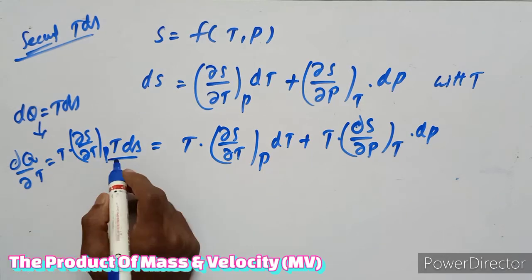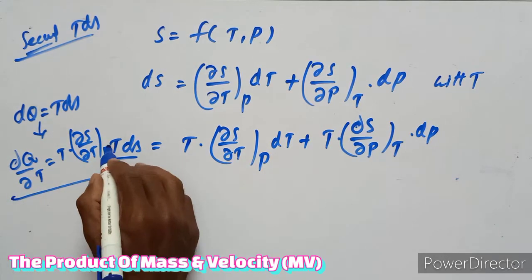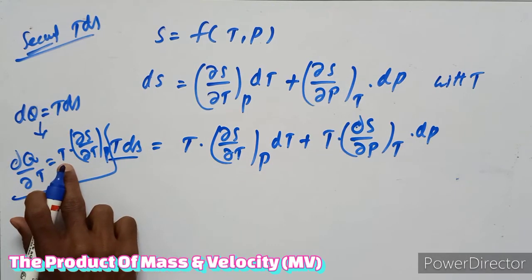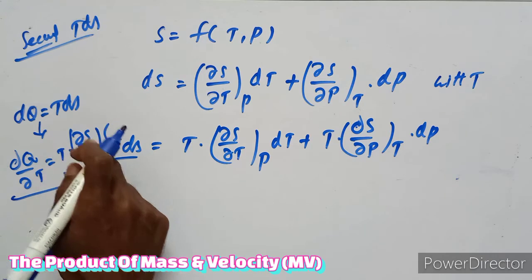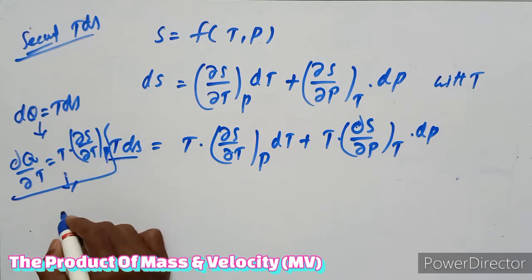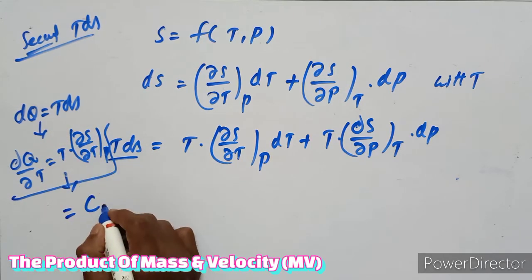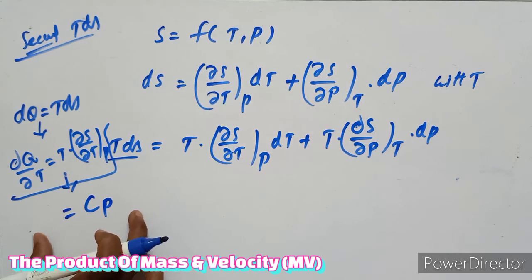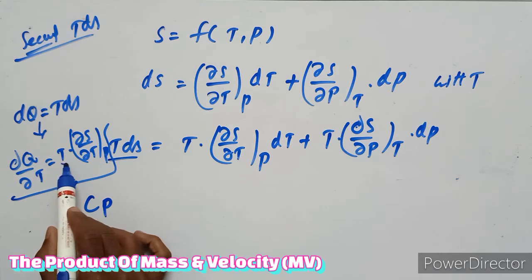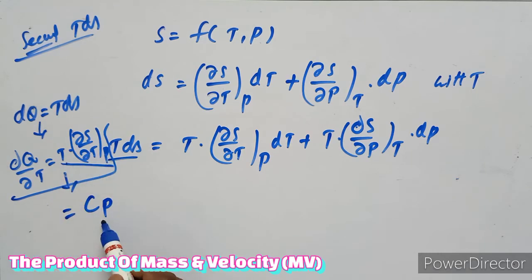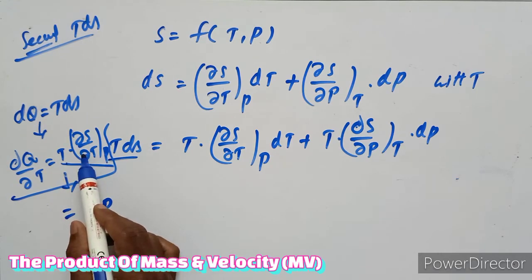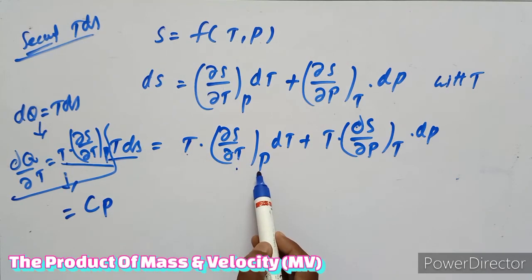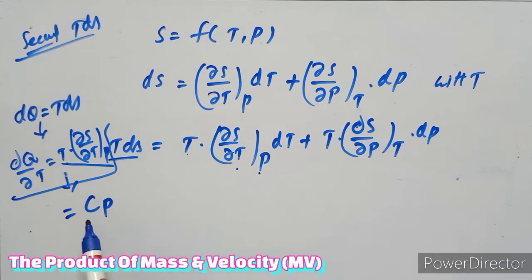T, the temperature, into change in entropy is called specific heat at pressure. So we substitute: T into dou s upon dou t at p equals Cp.